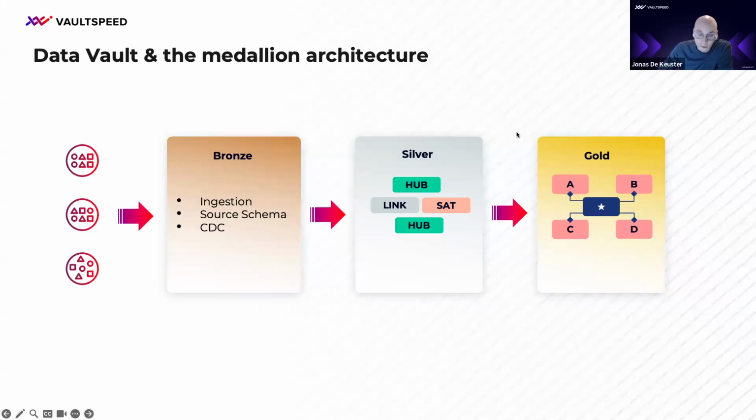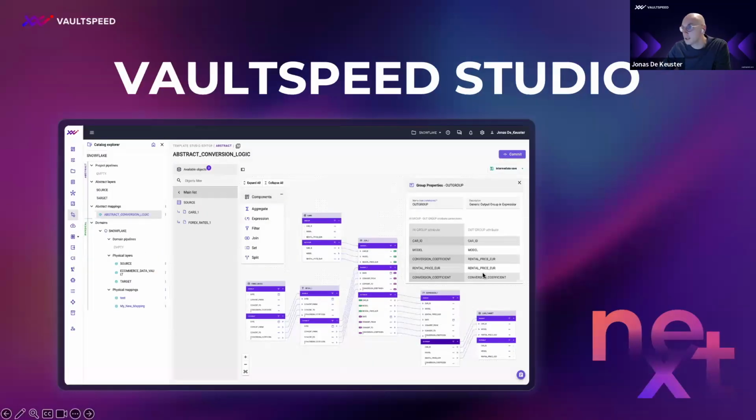And that also brings us to the next part of our session, because the second announcement we did back in September was VaultSpeed Studio. Now, VaultSpeed Studio is a product component that we've been working on for a while now. This one is actually really close to making it to GA.